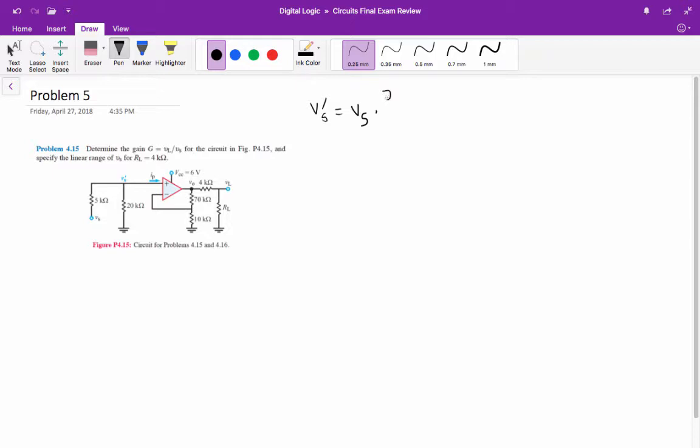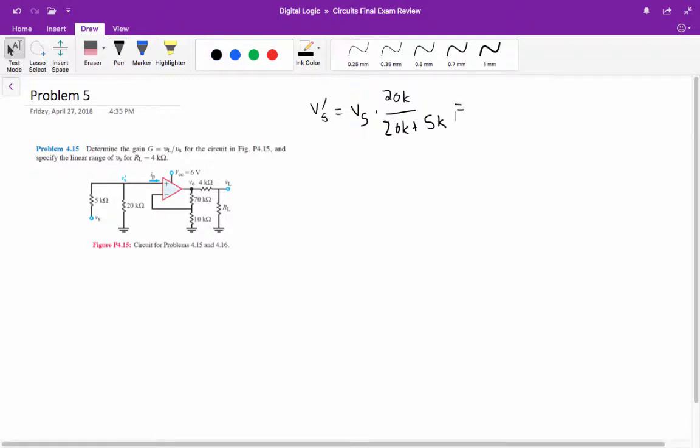So VS times 20K over the sum of the two resistors, which is 20K plus 5K. And so VS prime equals 0.8 VS.